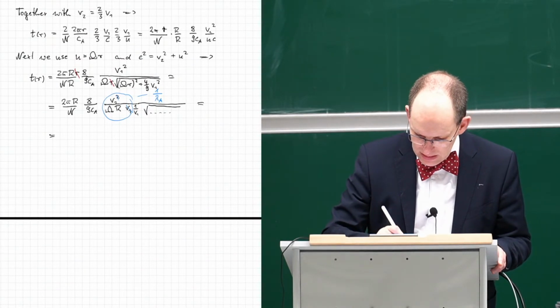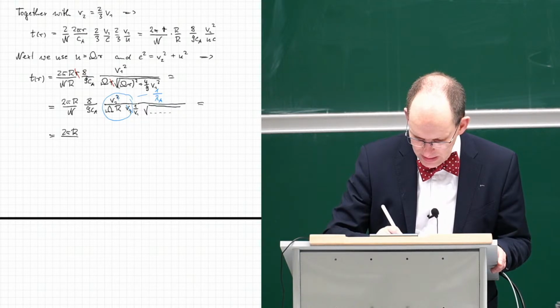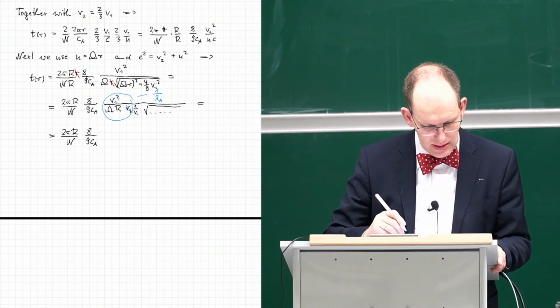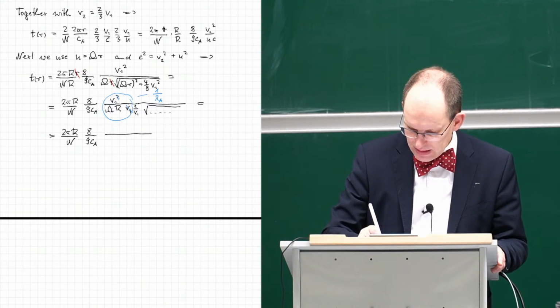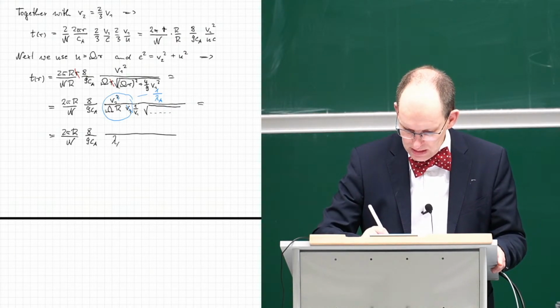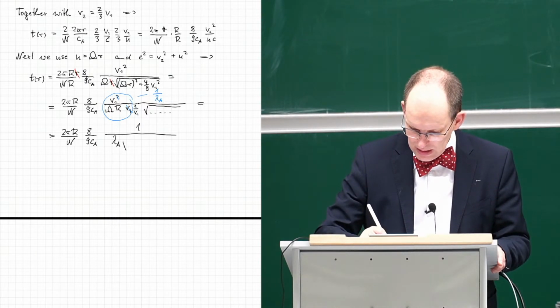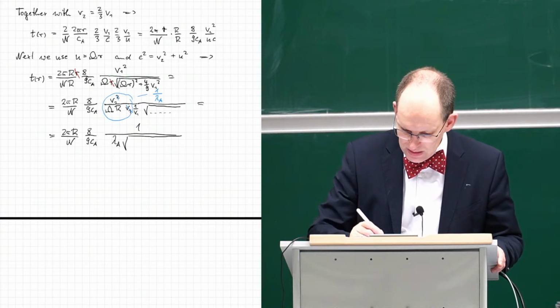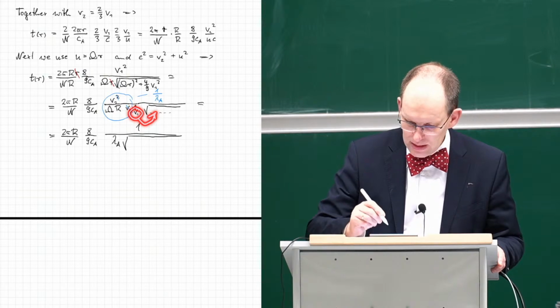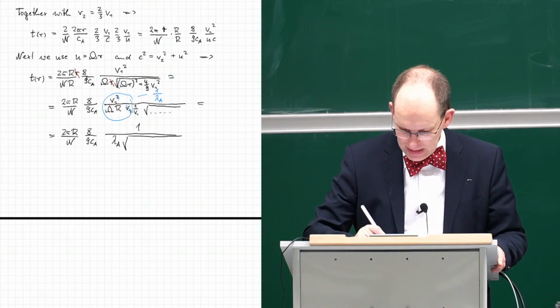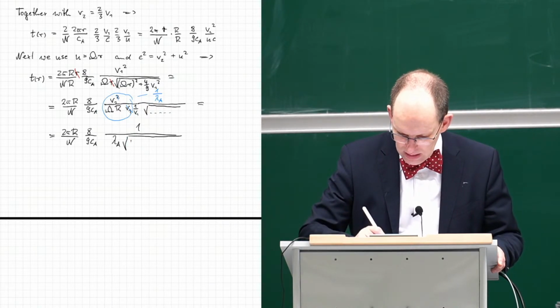So we're almost done. 2 pi capital R divided by capital N, 8 over 9 Ca, and then instead of V1 divided by omega times capital R, we have just the tip speed ratio, and here I have to multiply, so I move this V1 under the square root, and when I do so, then I get omega times R divided by V1.